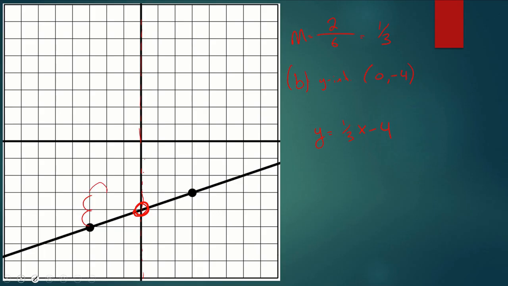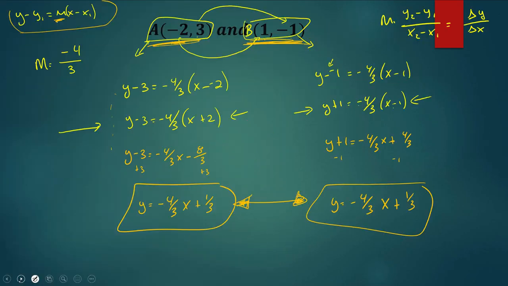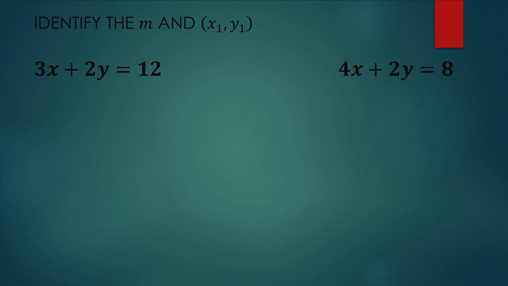But when an equation is not in either slope intercept form or point slope form, we can't easily read it off, right? If it is not in slope intercept form, or if it is not in point slope form, we can't really easily read it off.